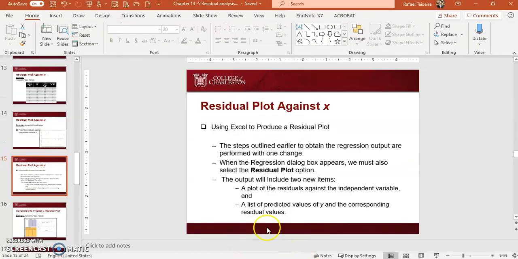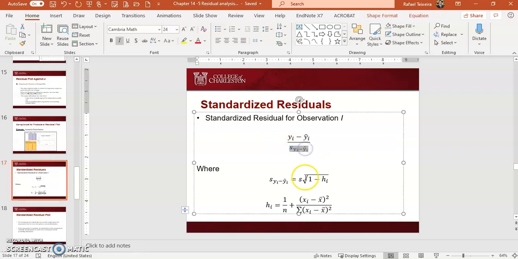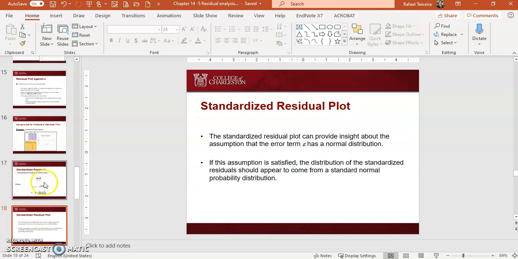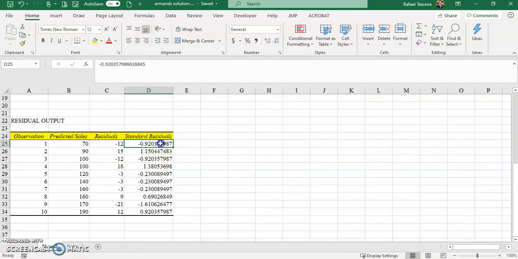We have that in the next slide. So standardized residuals take into account the variability given by the standard deviation of the residuals. We get each residual and divide by the standard deviation, and this gives us the standardized residuals, which is given directly in Excel here.